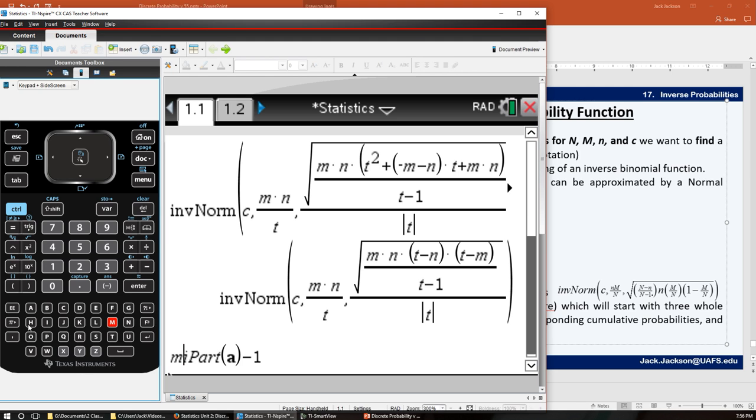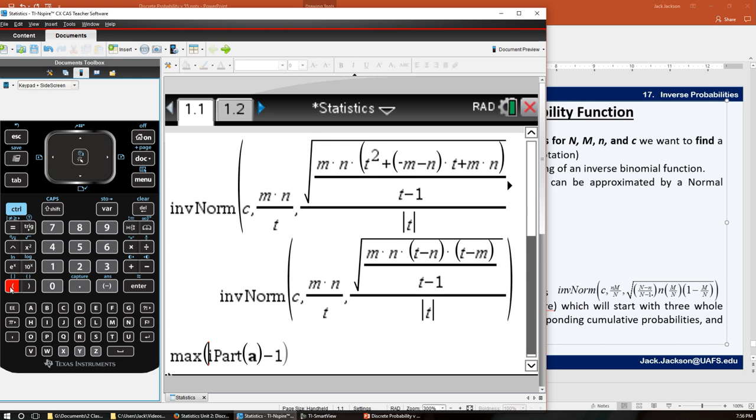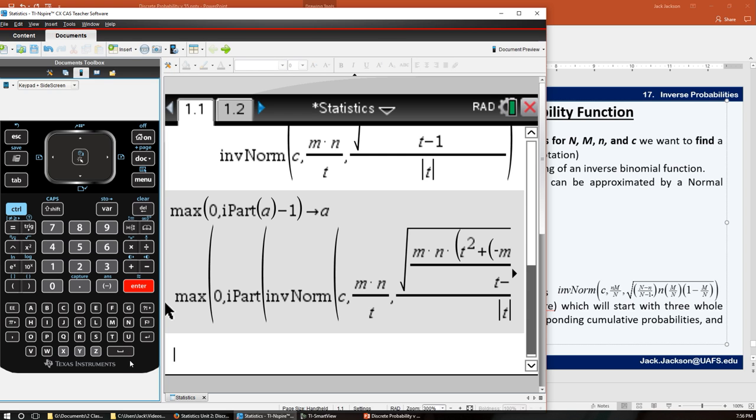So I want to do the max of 0 and this number, whichever one of those is bigger, and I want to store that as A. Okay, so that's my first A. I changed this around a little bit, but that's basically the formula that we have for our A.